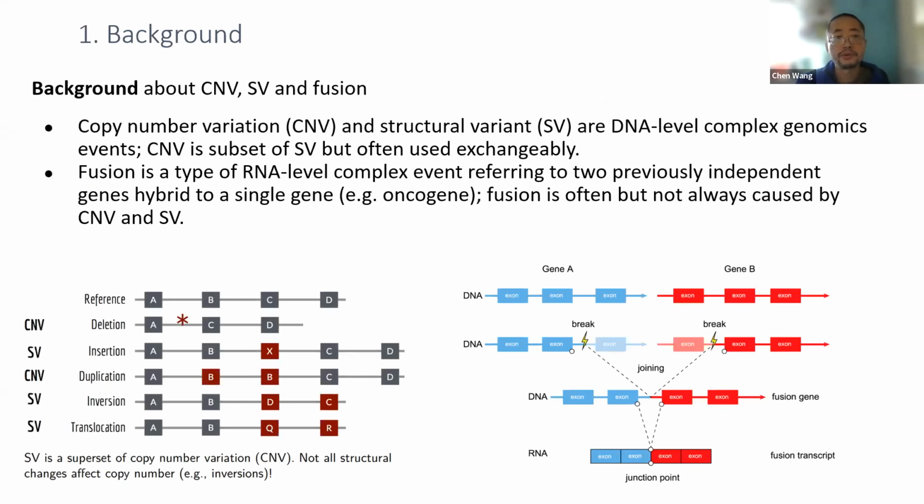I think we are aware that in the human genome, there are complex variants beyond single nucleotide change, SNV or SNP. It could be deletion, insertion, duplication, inversion, translocation, etc. And structural variants could happen at the DNA level, or you could detect them at the RNA level as a fusion. For example, sometimes a deletion between two genes could introduce a de novo fusion.